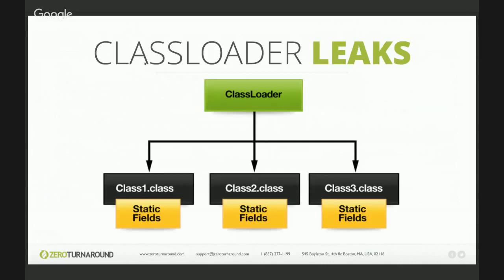If you leak a single class, you essentially just leak that class. But if you leak a class loader, then what you're actually leaking is a class loader and every single class it creates. If you're trying to destroy part of a class loader hierarchy, for example, if you want to do a redeploy, by leaking a class loader, you leak classes and static fields, which can actually link over to existing instance variables, or instances of objects.